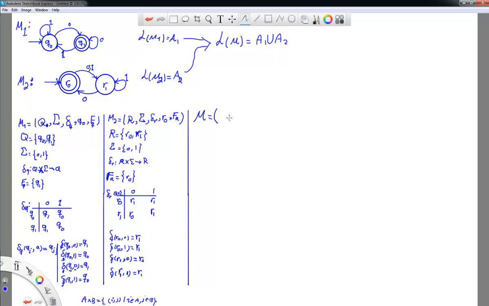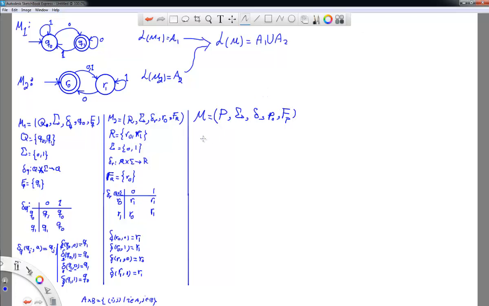Now let's call its set of states P, and sigma is its alphabet, and delta is its transition function, and let's call its start state P sub 0, and its final or accept states P sub F.